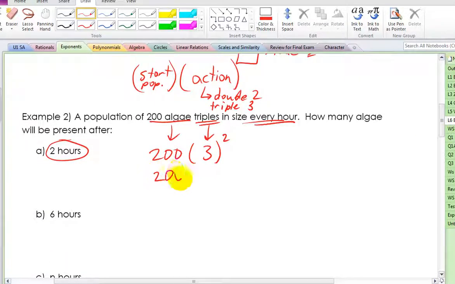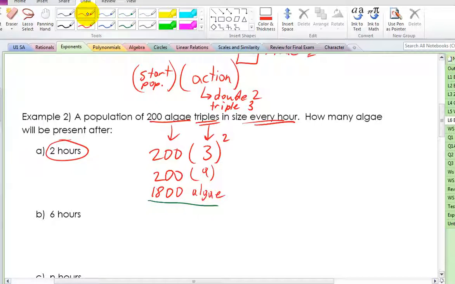So then you would follow BEDMAS now. 200 times 9, 3 times 3. 9 times 2 is 18, and you have 2 zeros. So 1,800 algae is your answer.